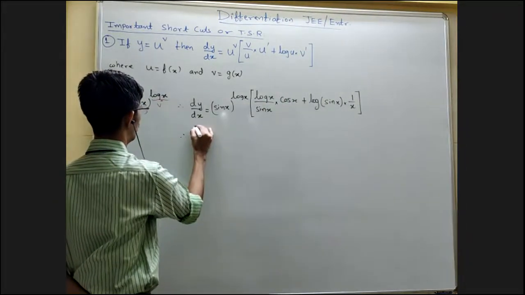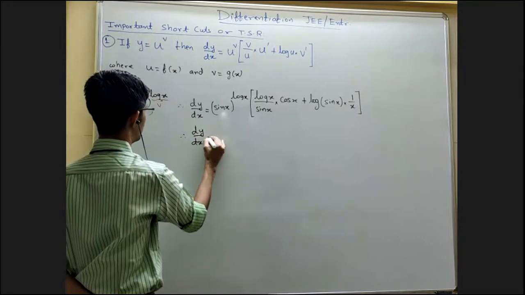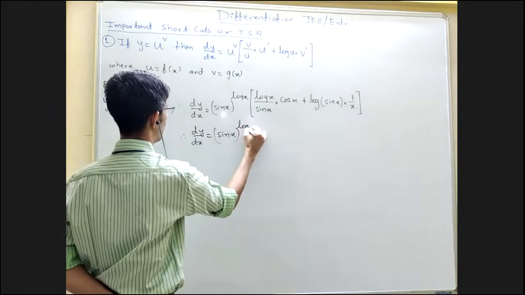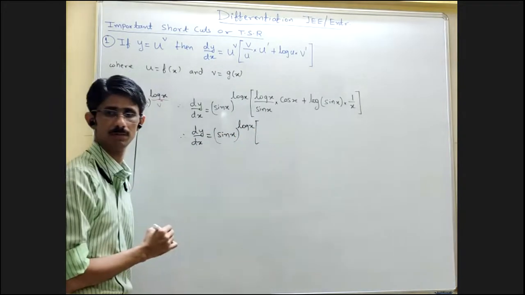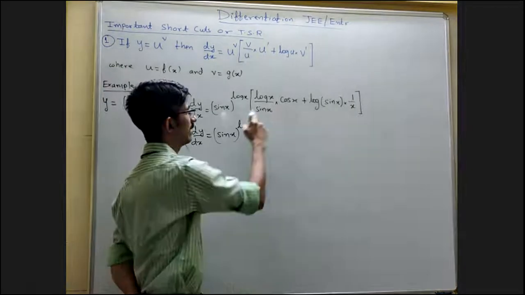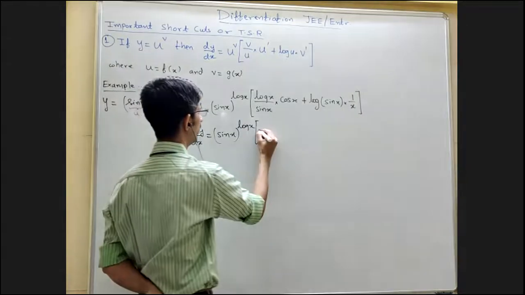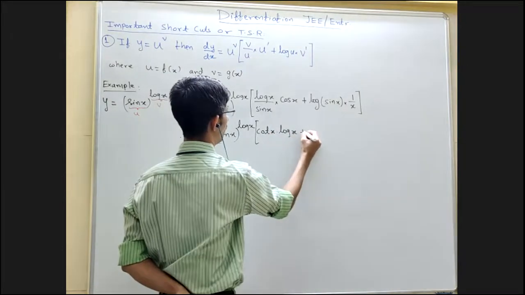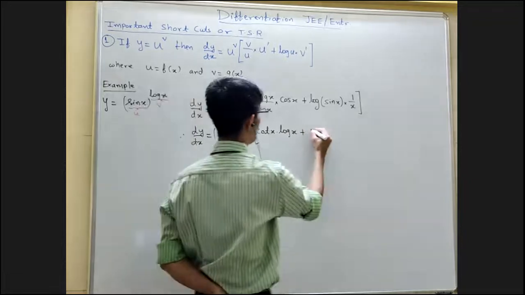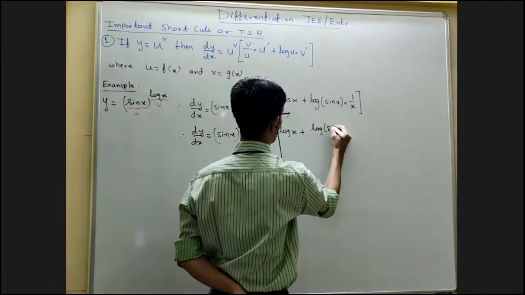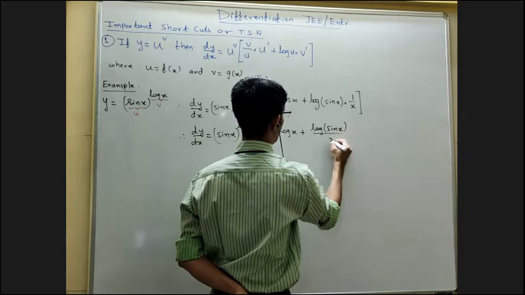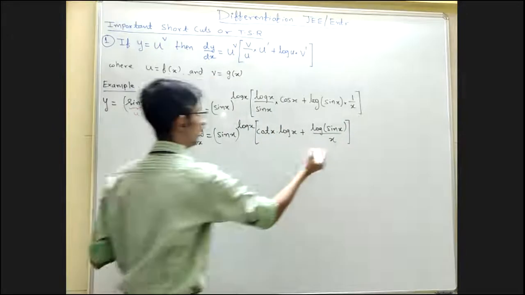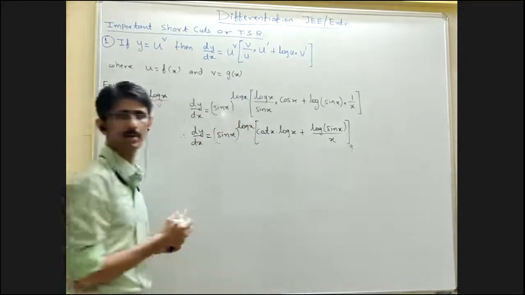So therefore our dy by dx is nothing but sin x to the power log x bracket cos x by sin x is nothing but cot x. तो ये ऐसा हो जाएगा cot x into log x plus this will be written as log of sin x whole upon x. Close the bracket. ऐसा हो जाएगा ये. So this is our final answer and nothing but our dy by dx.